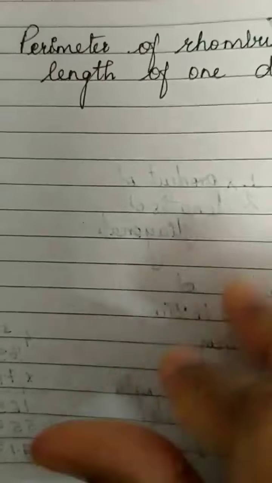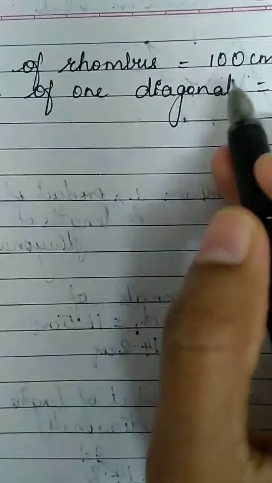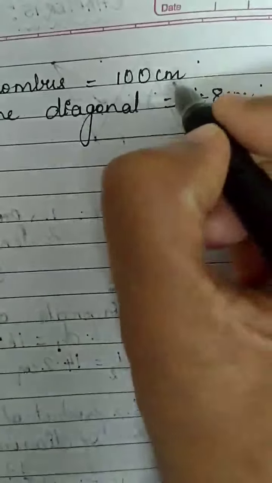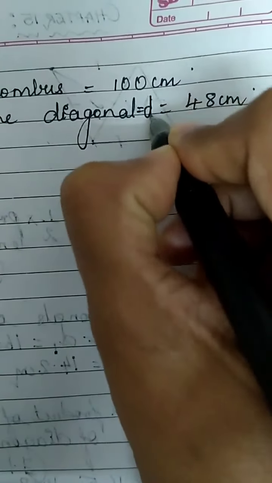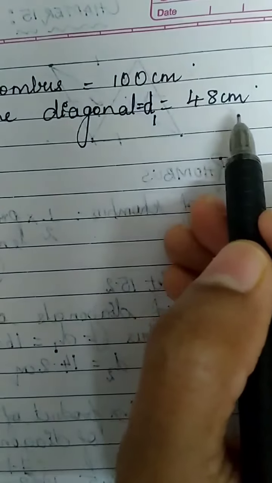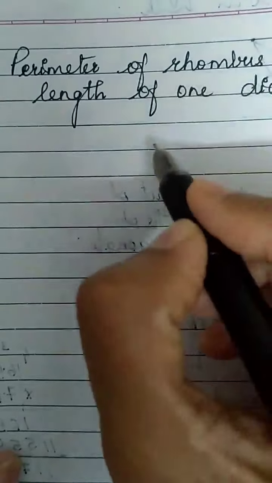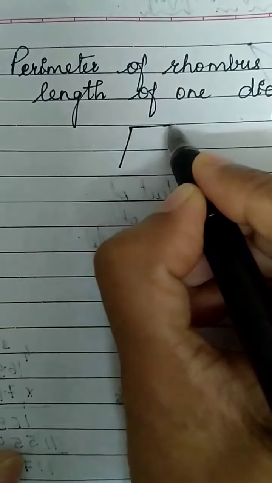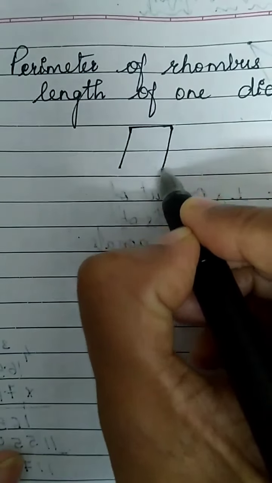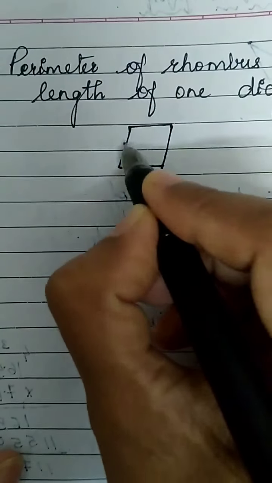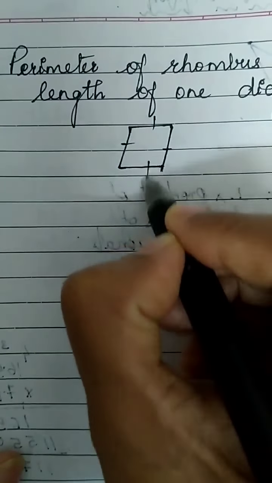Children, I have written the given details. Perimeter of rhombus 100 centimeter. Length of one diagonal, we'll keep it as D1, first diagonal 48 centimeter. Question is find the area. Now, perimeter is the clue. For a rhombus, we know that all sides are equal.